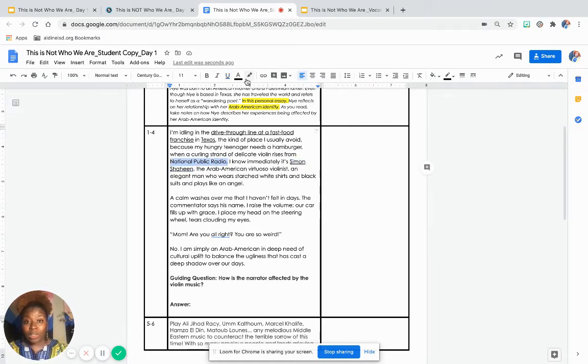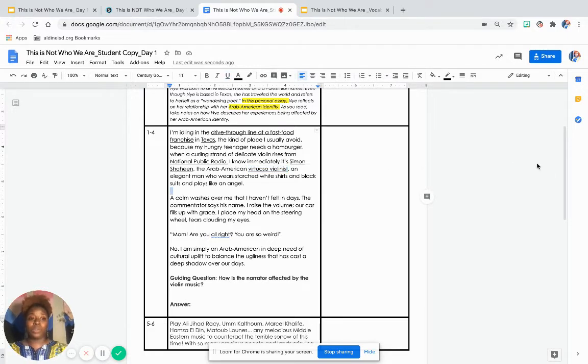That is a radio station, so it is a thing. And this is what she was listening to, which helps us to understand what kind of things she actually likes. And then we're also going to underline virtuoso violinist because, again, that encompasses our vocabulary word, and we know that that is a person. Okay.